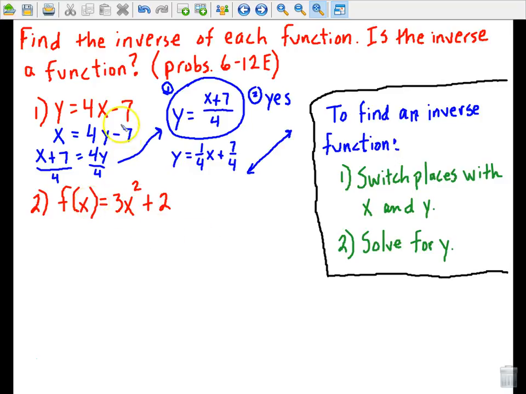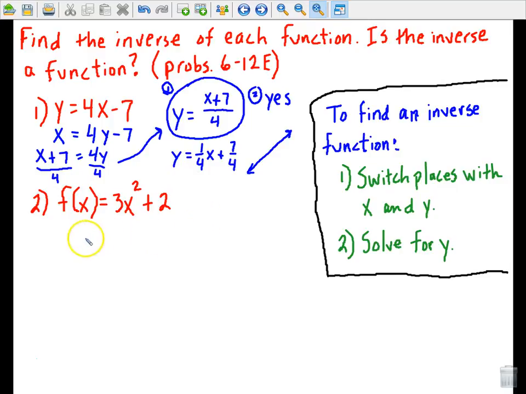Number 2 is not linear, it's quadratic. And another thing is it's given in function notation, whereas number 1 is given in what we would call equation form. Some people have asked me in the past, how can I switch places with x and y when there is no y?